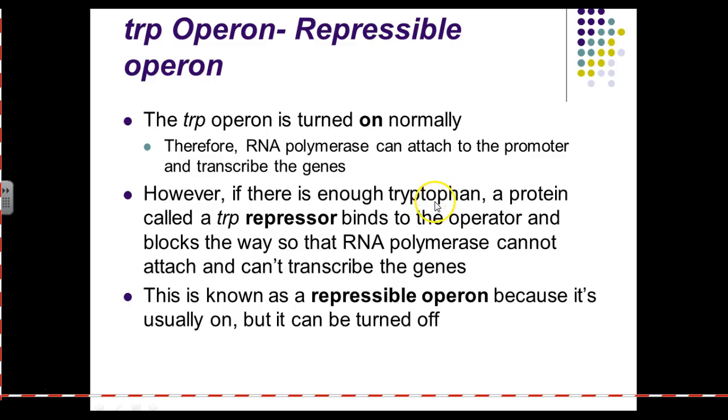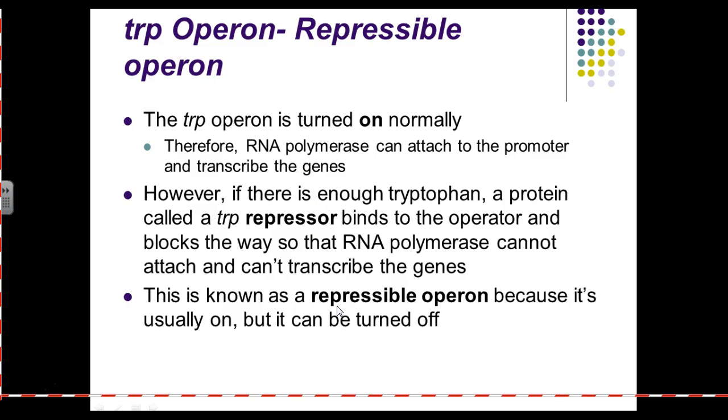But if there's enough tryptophan in the environment, it's going to act as a co-repressor and help the repressor attach to the operator, binding to the operator, blocking the way of the RNA polymerase so that it can no longer transcribe the genes.